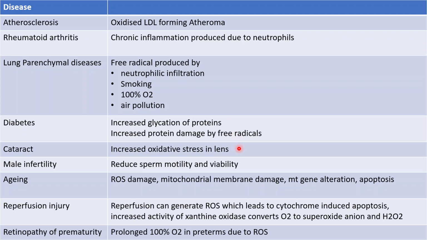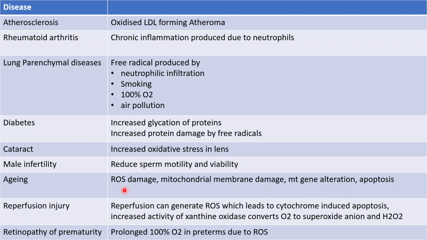Then we have cataract. In cataract we have increased oxidative stress in the lens, so the lens becomes opaque. In male infertility, sperm motility is decreased, and the viability of sperm is also reduced because of increased oxidative stress. Then as we age, the body's ability to remove free radicals decreases.